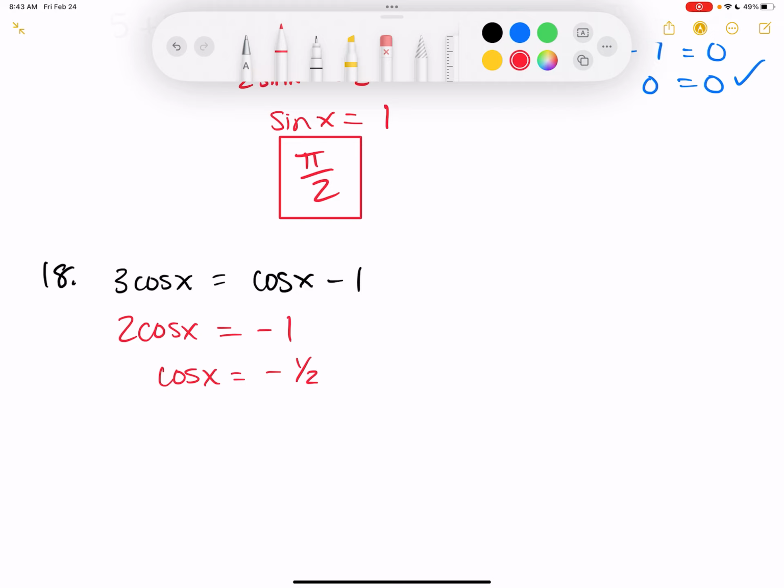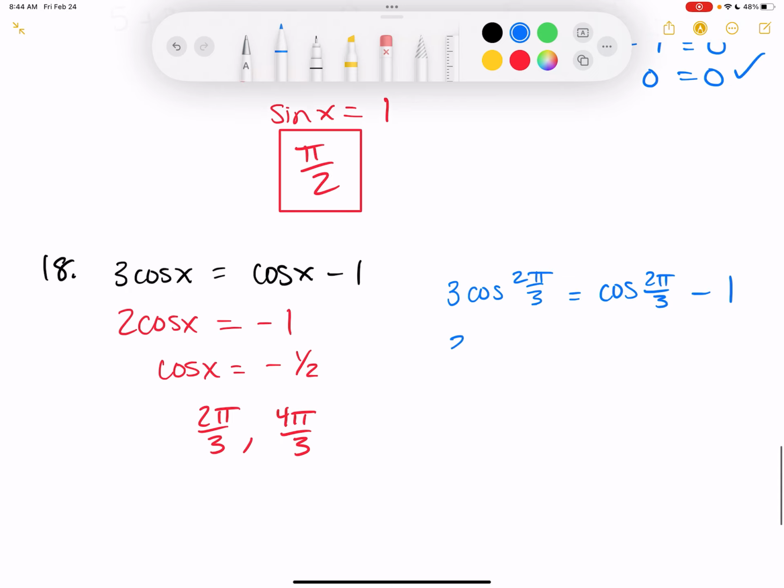And then I just want to know where is cosine of x equal to negative 1/2. And if it occurs twice, I need both values. 2 pi over 3 and 4 pi over 3. Yep. So then we check. So 3 cosine of 2 pi over 3 is equal to cosine of 2 pi over 3 minus 1.